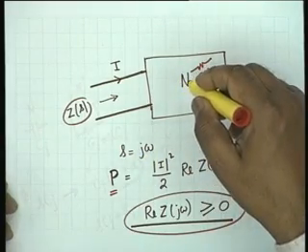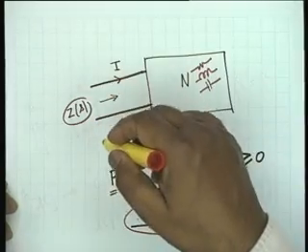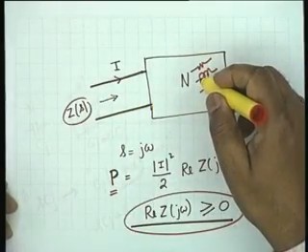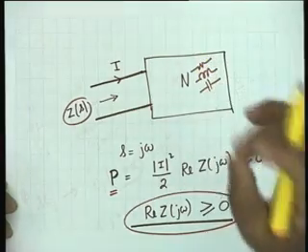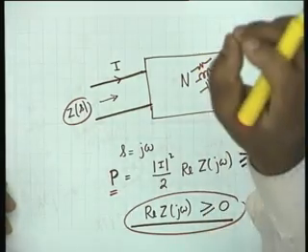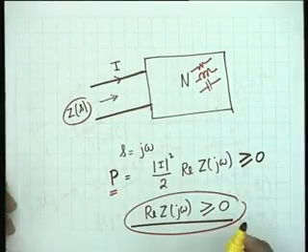From N, we derive a network by adding resistors in series with inductors and resistors in parallel with capacitors in such a manner that instead of Z of S, we get Z of S plus alpha. That is what we did here.